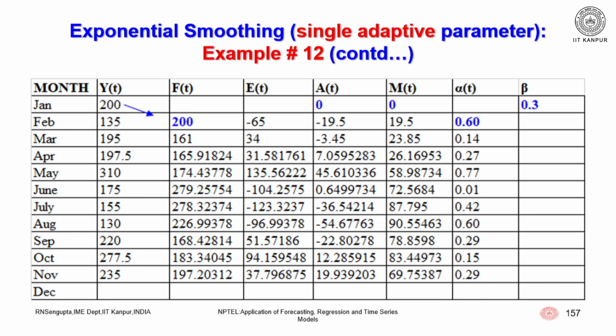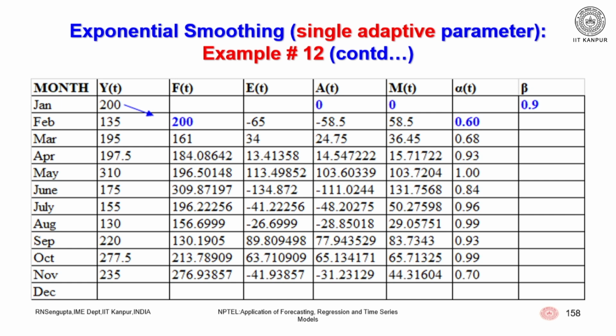Now, when I am telling about alpha, this is basically the starting value, but if you notice, the values of alpha under the alpha T column keep changing because they are adapting. That is why it is known as adaptive exponential smoothing average.